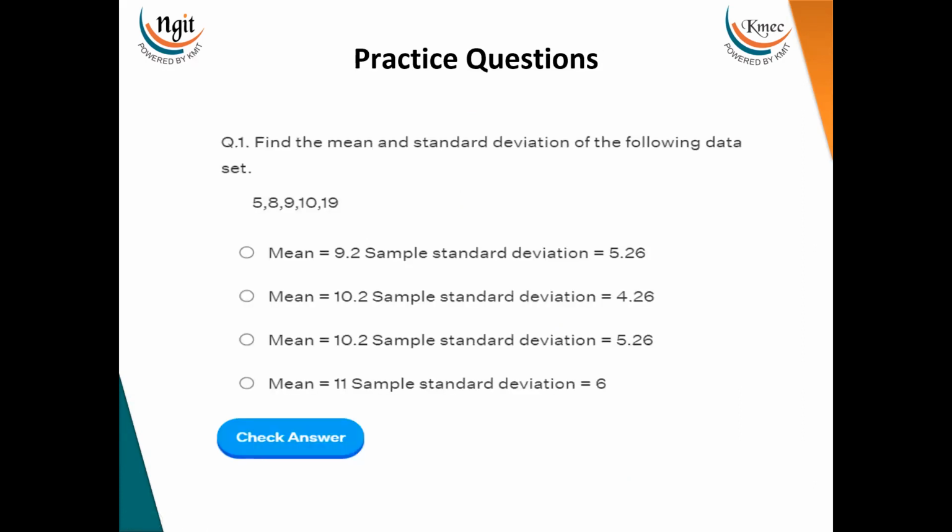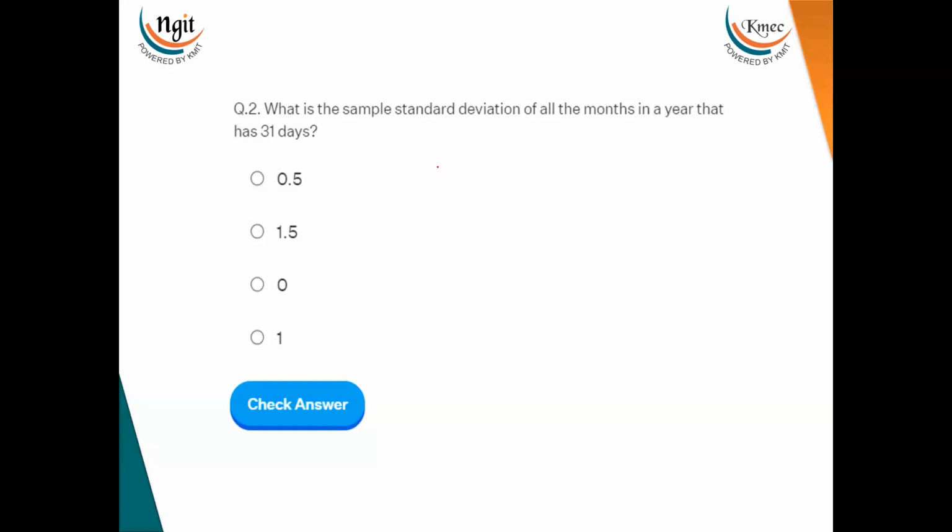And these are just practice questions. Find the mean and standard deviation of the following set. Start doing this example and see which of these is the correct answer for this given sample data. This is one question. And the second one is, what is the sample standard deviation of all the months in a year that have 31 days?